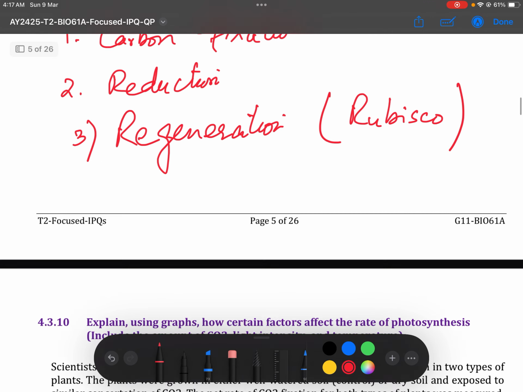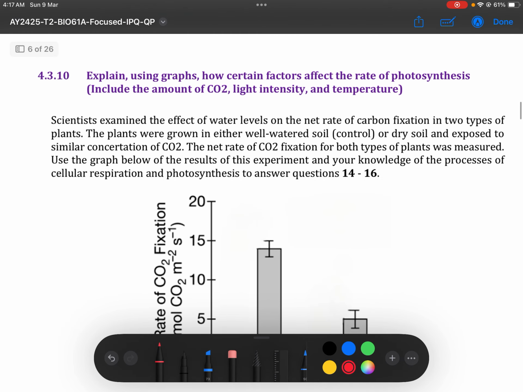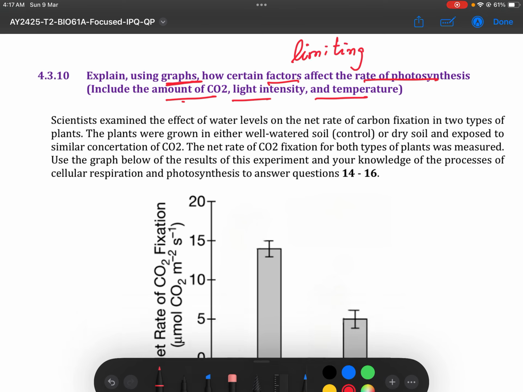Okay, so that's the final product of the Calvin cycle. Explain using a graph how, of course they say using graph, so you will be getting some graph, what are the factors that can affect the rate of photosynthesis? You should know that it can be CO2, light, and temperature, and all these factors are called limiting factors.